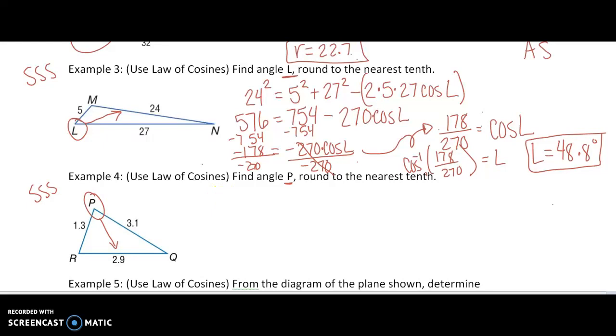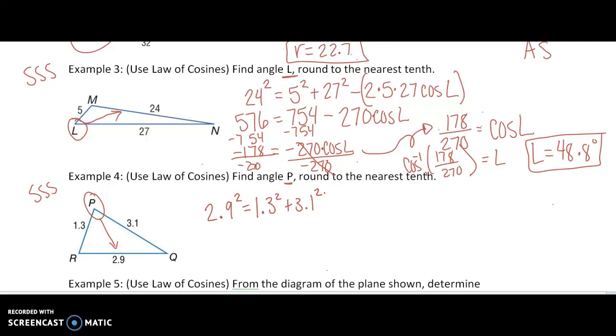So in my formula, that 2.9 is going to go on the left side of my equation. So 2.9 squared is equal to, and I'll remind you again, it does not matter the order, either one of the other sides that form angle P. So here I might write 1.3 squared plus 3.1 squared. I could have gone in the other order, but don't need to.